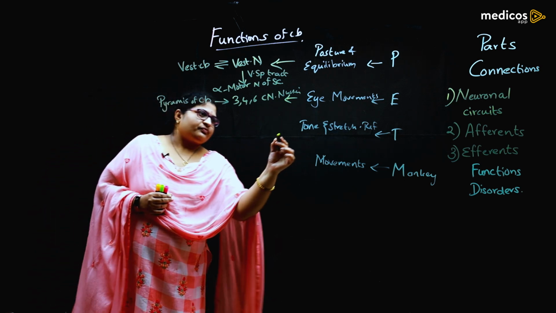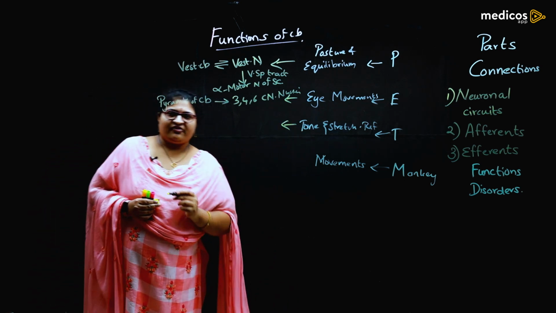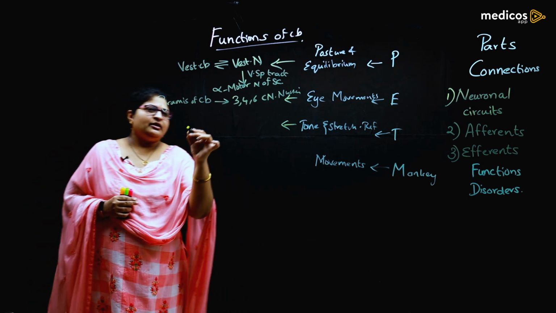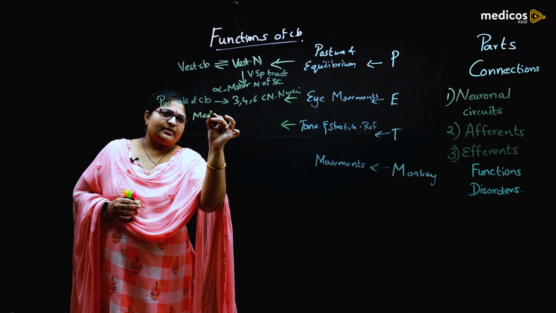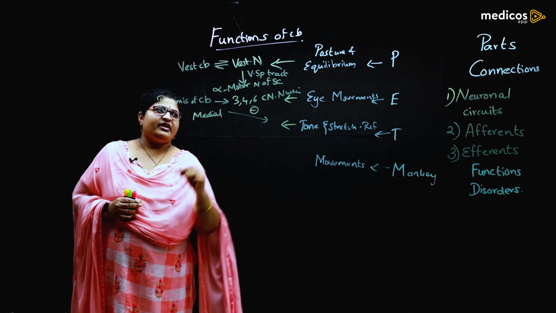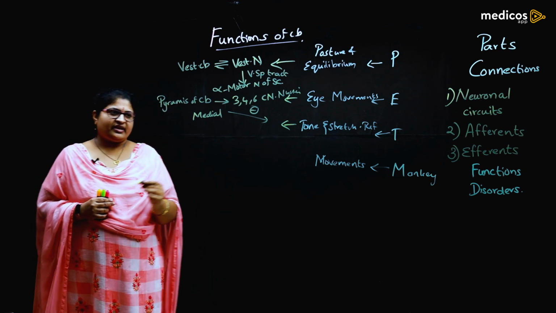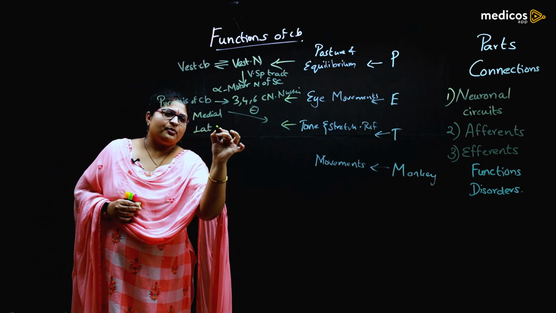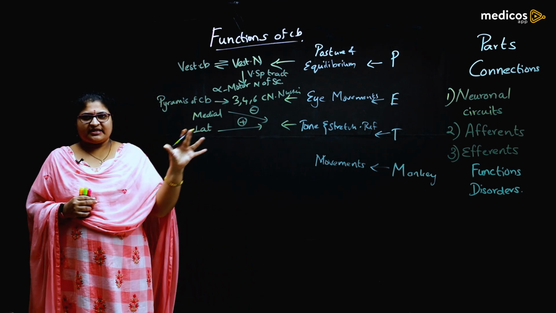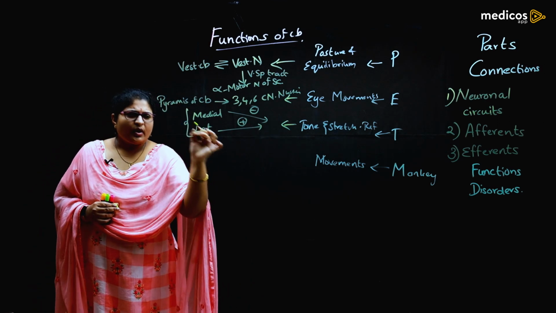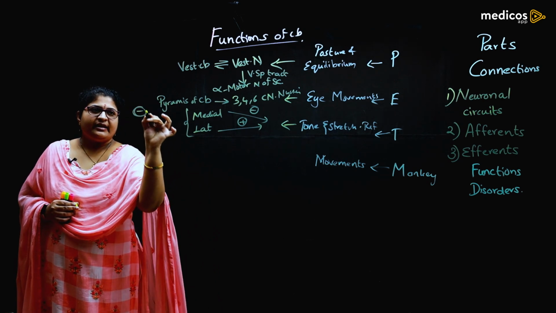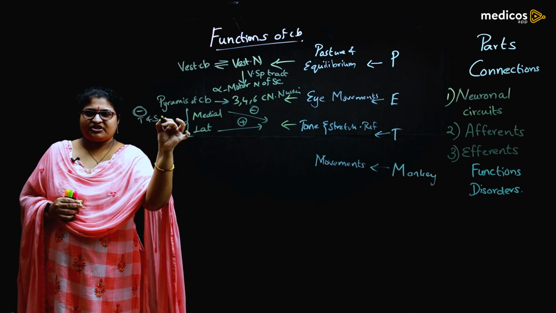And coming to tone and stretch reflexes, it is having a mixed influence here. The medial portion of the cerebellum has inhibitory influence over tone and stretch reflex, whereas the lateral portion will stimulate the tone and stretch reflex. So what is the overall action? The overall action is inhibitory over tone and stretch reflex.